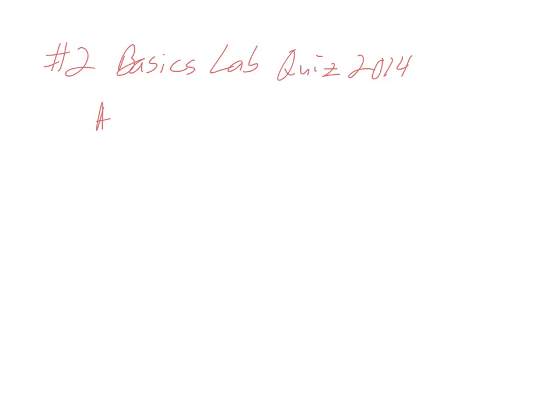Looking at number 2 from the basics lab practice quiz. It says, from part A, or from number 1, we found out that we have 13.71 millimoles of B. We'll use a lot of millimoles in this class.